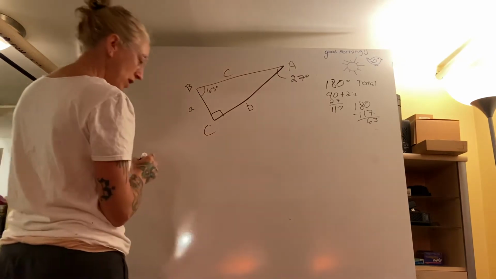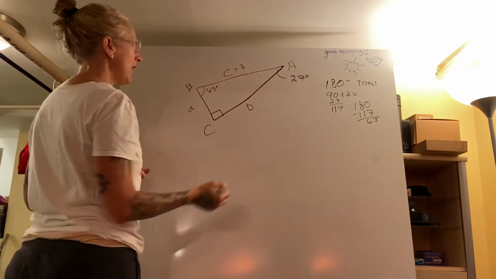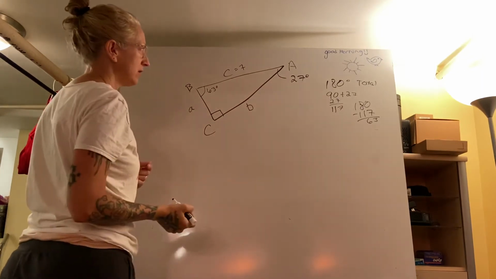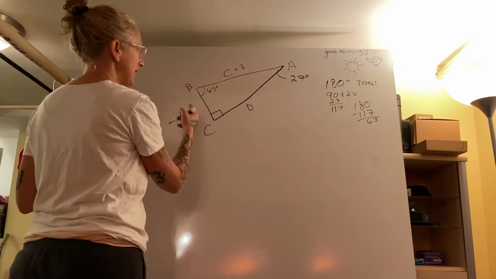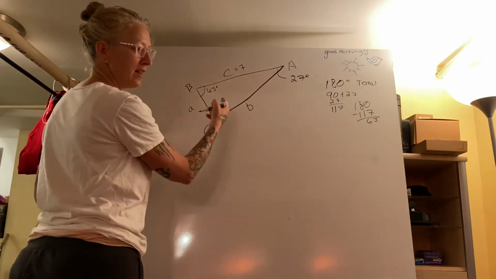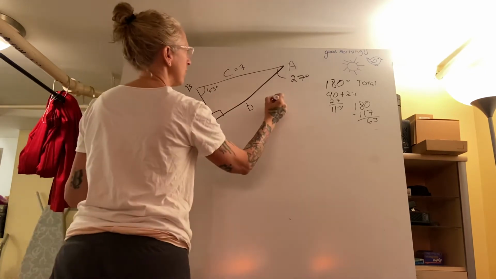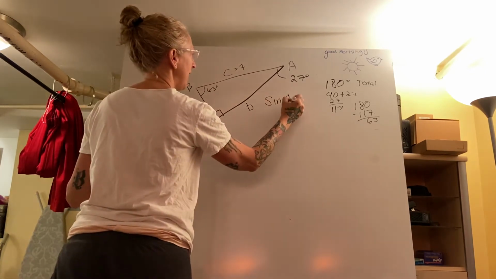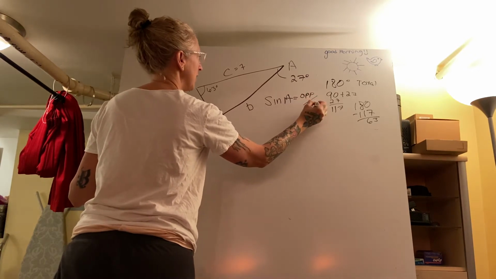So we know in this one that C equals 7, and we know this angle, okay? So we can find side A using the sine function. Sine of A equals opposite over hypotenuse.